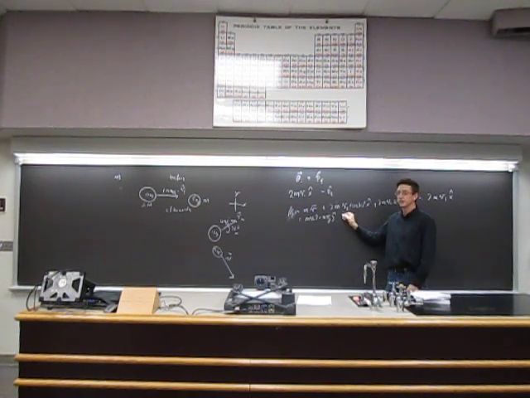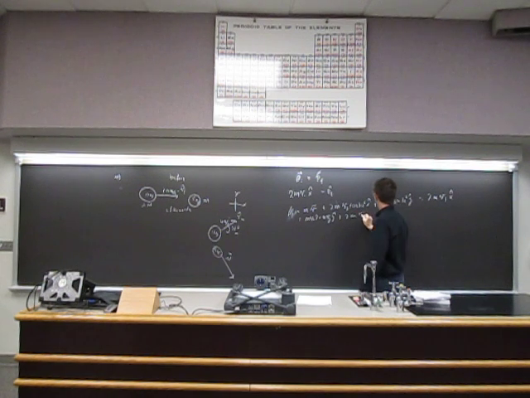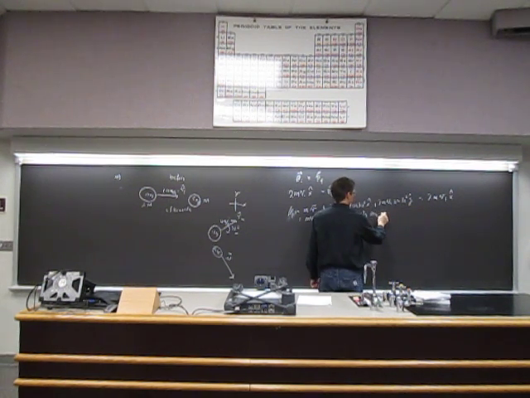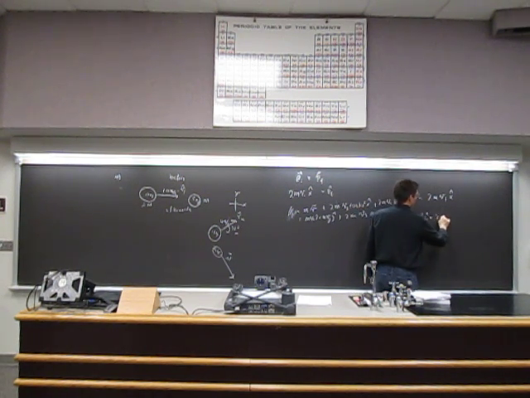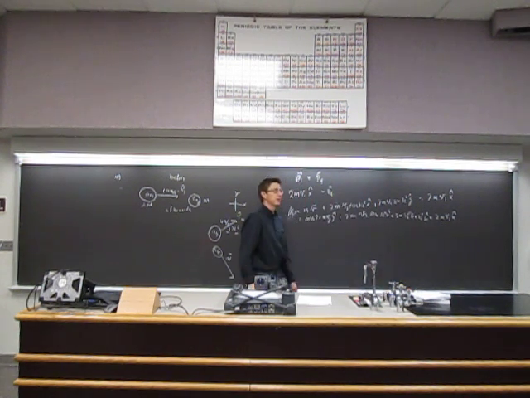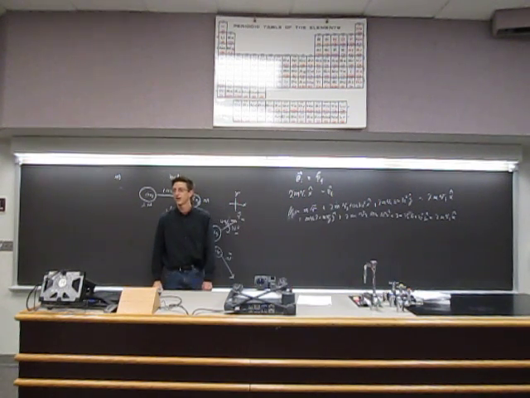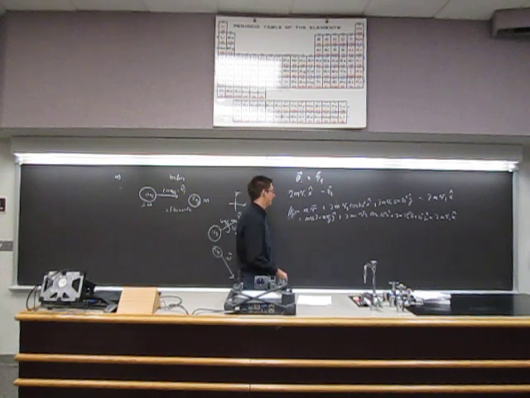That's what that thing is. Plus 2m v2 cosine of 30 degrees x hat plus 2m v2 sine of 30 degrees y hat is 2m v1 x hat. Notice every single term in there has an m, so I can divide the equation by an m.